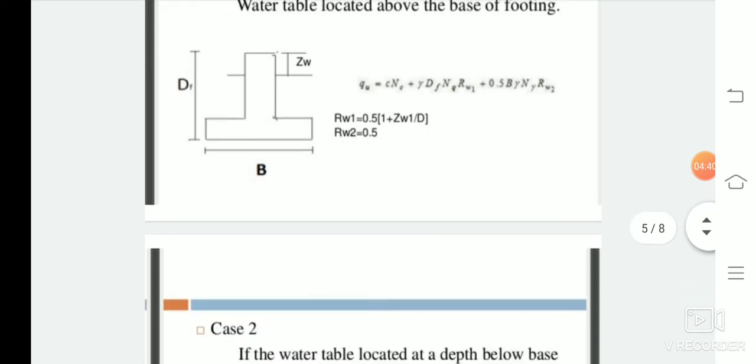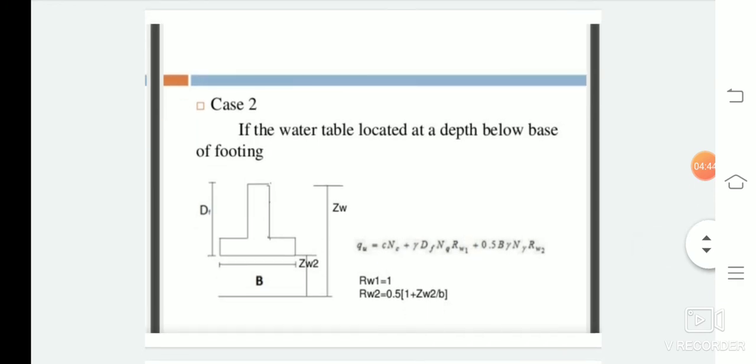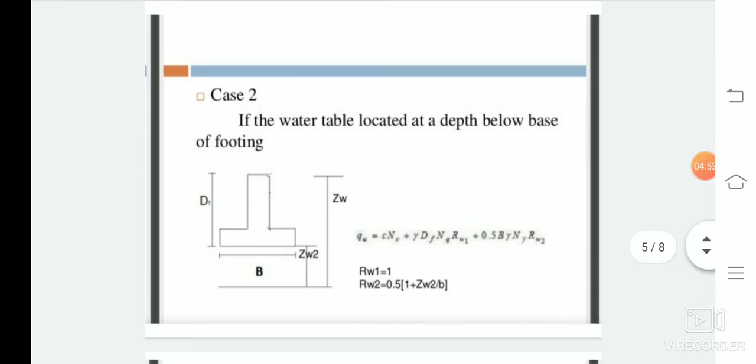Here comes the next case, case number 2, where the water table is located at a significant depth below the base of the footing. So here Zw2 is nothing but the depth of the water table from the base of the footing.